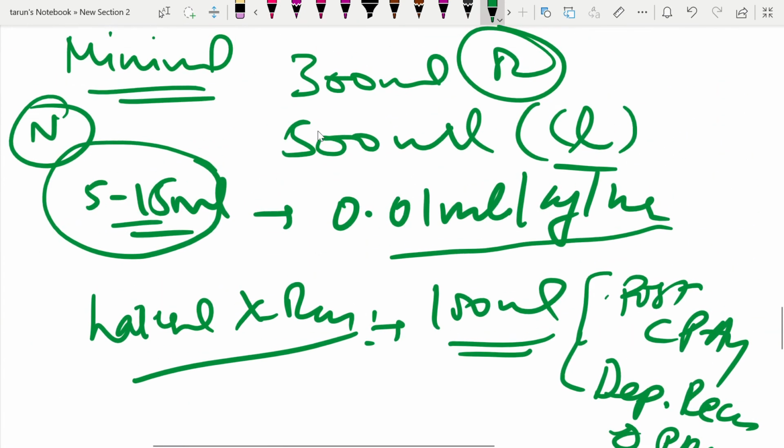Then they can ask you why the upper margin of the fluid goes towards the axilla in chest X-ray. You have to say it is a radiological illusion.